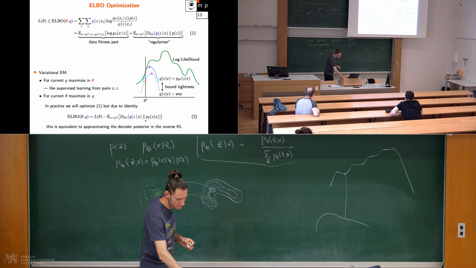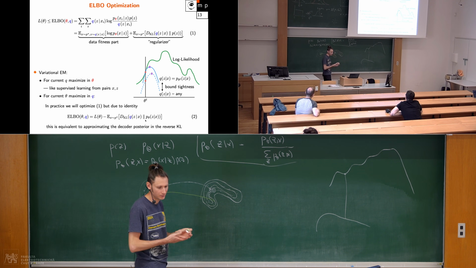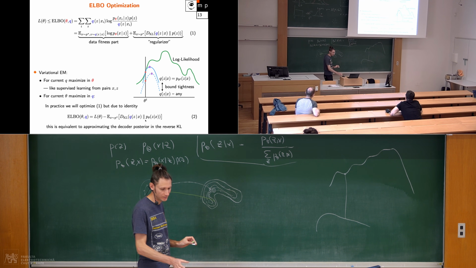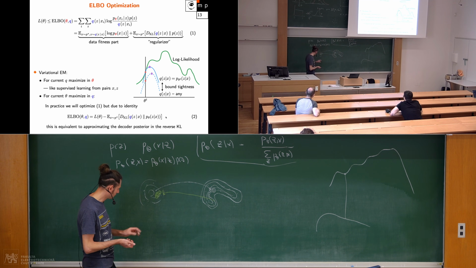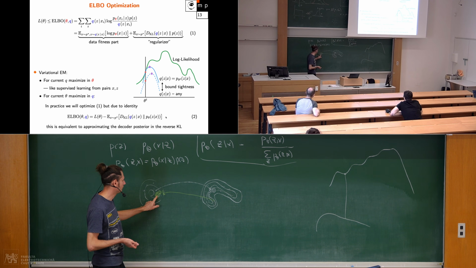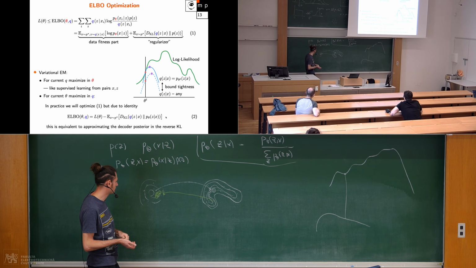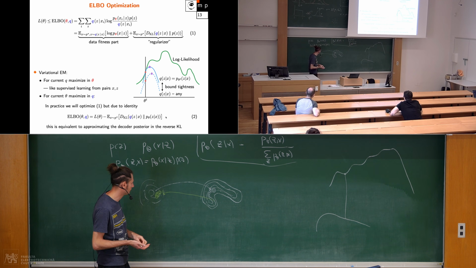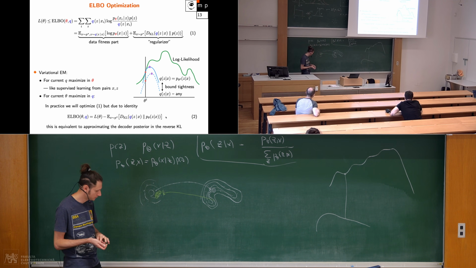And what I'm saying is that by design of this lower bound, optimizing it in the encoder parameters is equivalent to fitting this distribution with Q in the reverse Kullback-Leibler divergence.